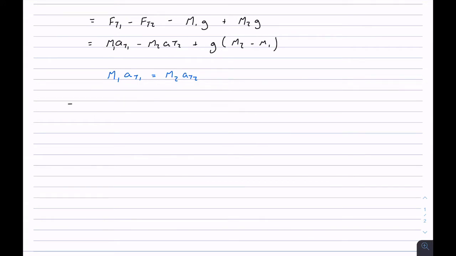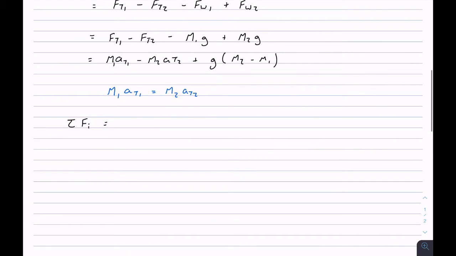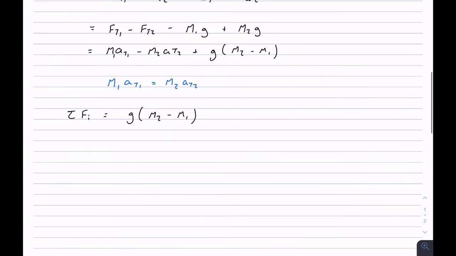So then we're left with the sum of the forces is equal to G times M2 minus M1. Okay, and recall that this is going to be equal to the total mass times the total acceleration.